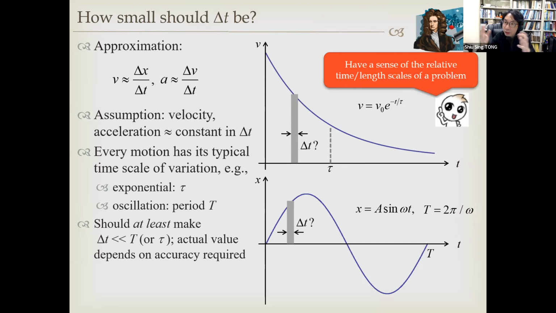So if tau is 10 seconds, you should choose a delta t of at least 0.1 second. If you do it better, you may choose 0.01 second or even smaller, but you should at least choose a delta t that is several tens or even 100 times smaller than the time scale, okay?